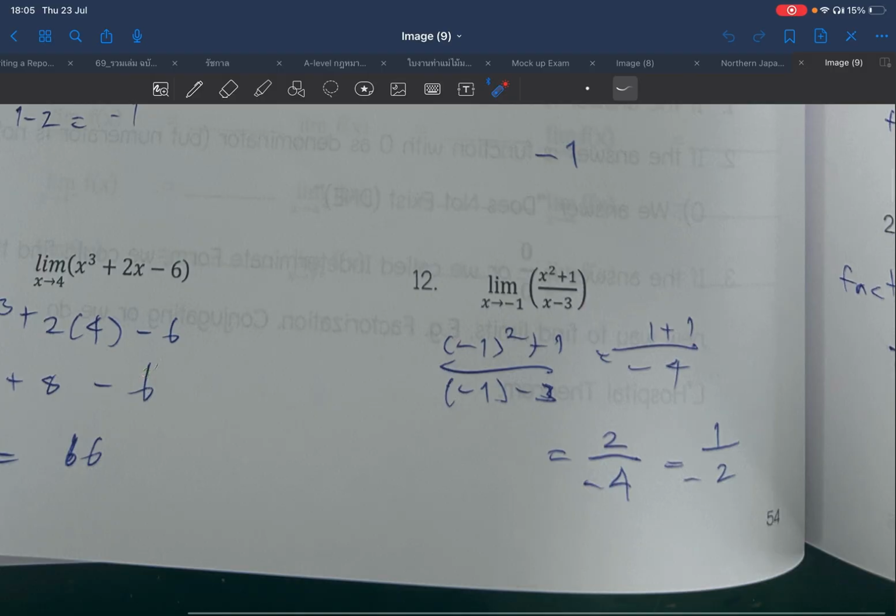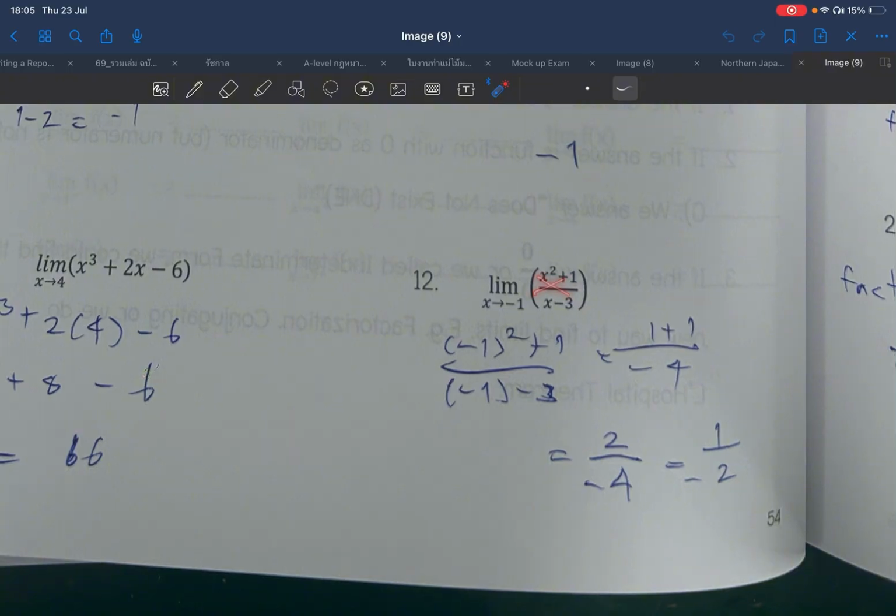Now the last question of this page. Question 12. The limit of x power of 2 plus 1 over x minus 3 as x approaches -1. This is a rational expression, so we substitute x as it approaches -1 into both the numerator and the denominator. So the numerator is this one.